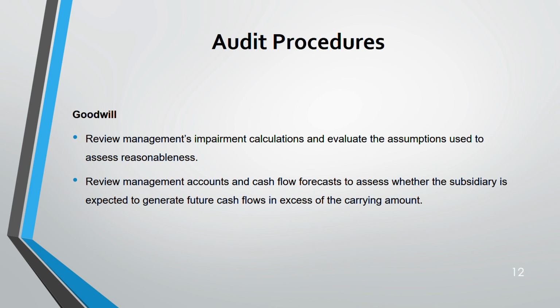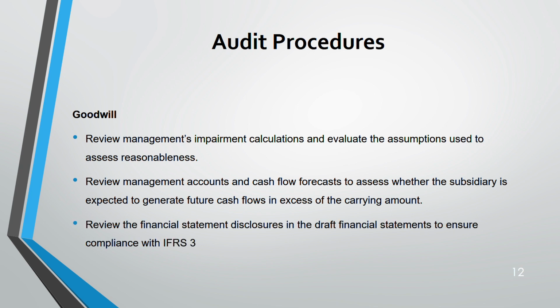Why? To assess whether the subsidiary is expected to generate future cash flows in excess of the carrying amount or not. Through your cash flow focus, you'll be able to know it. Even though it is something to be known in the future, through at least cash flow focus, you will have some idea whether that subsidiary is expected to generate cash flow or not. And IFRS 3, obviously, check.